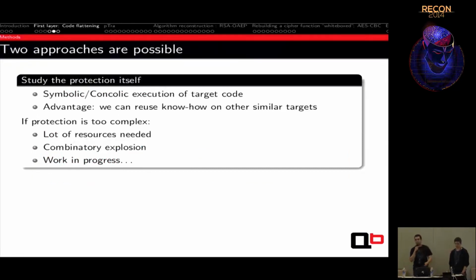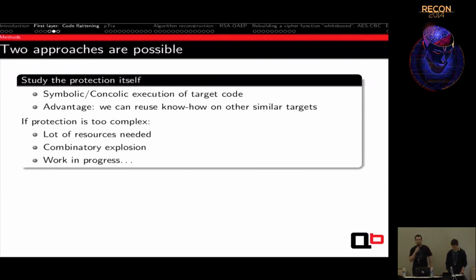The first one is to study the protection itself. Basically, we can do some symbolic execution of the code to find all the paths in the functions. The advantage here is that you can reuse the tools that you have made if you encounter another program that uses the same protection procedure.